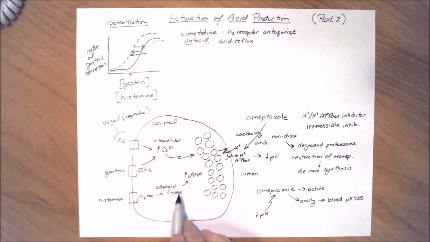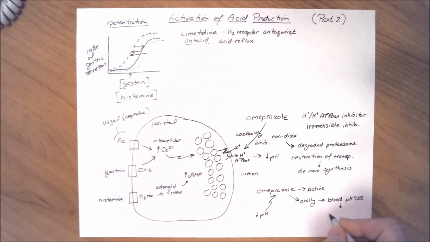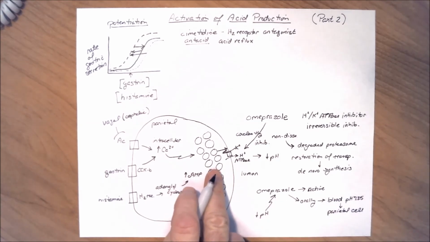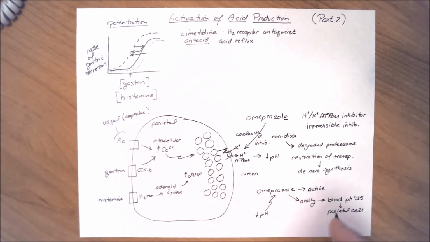It is transported into the parietal cell and becomes localized to the vesicles, bound to the proton potassium transporter.